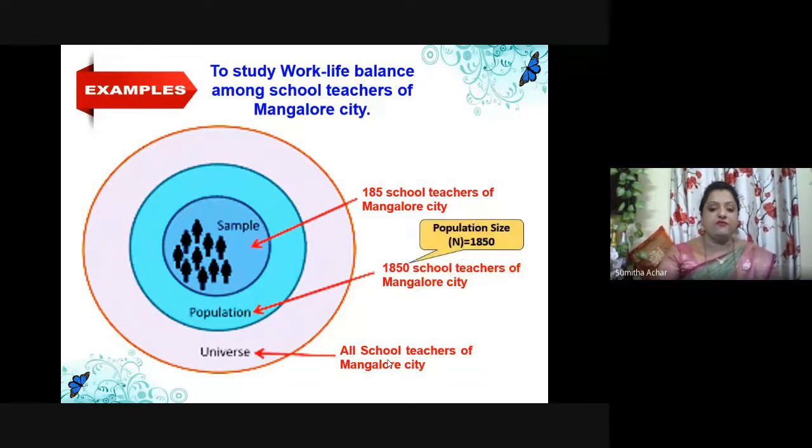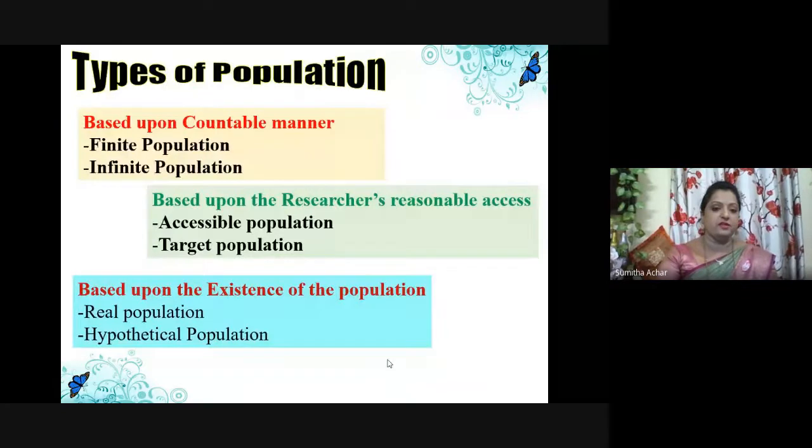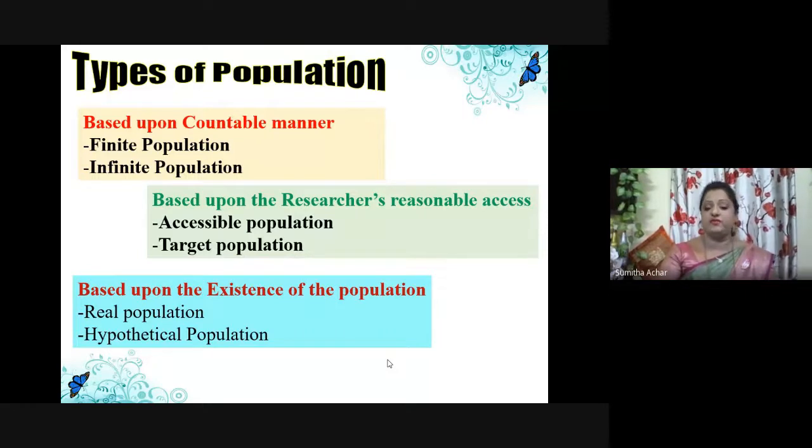Now, proceeding further, the types of population, right? Generally, based upon the countable manner, we have finite and infinite population. Based upon the researcher's reasonable access, we call it target population and accessible population. And based upon the existence of the population, we call it real population and hypothetical population.